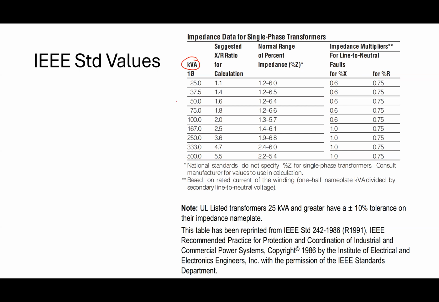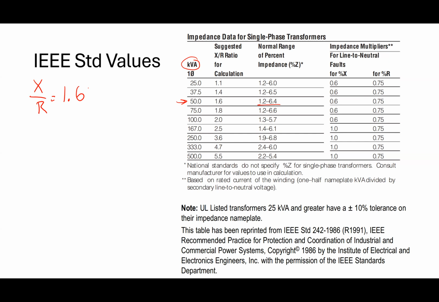For a 50 kVA transformer, the percent impedance should be somewhere between 1.2 and 6.4. In this case it was 1.67, so it's in that range. And then it gives the X over R ratio, apparently 1.6.